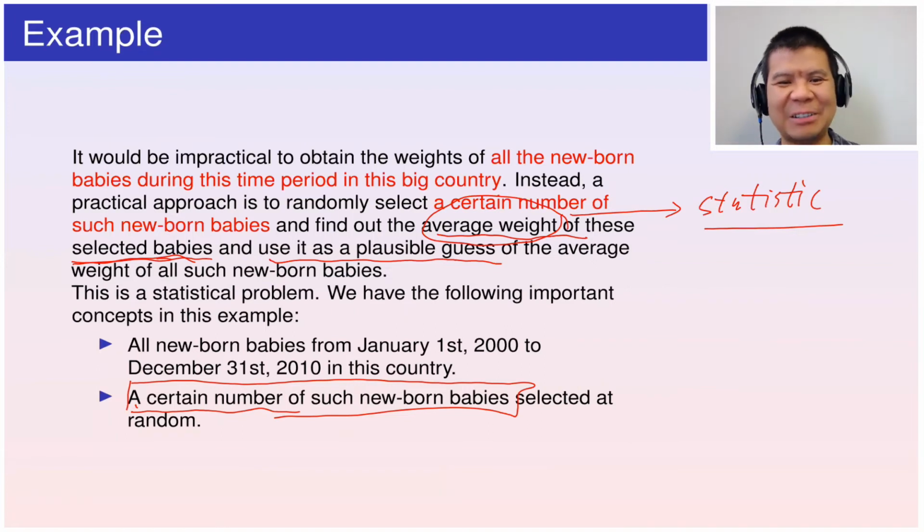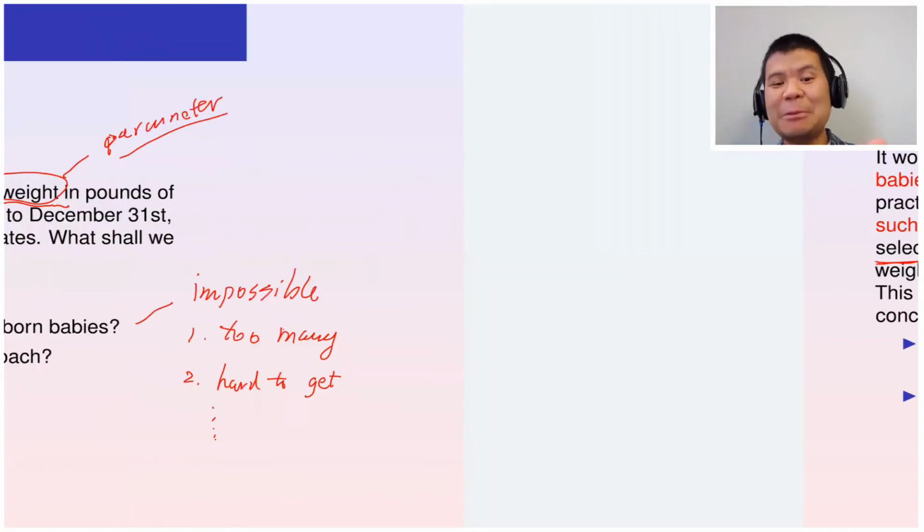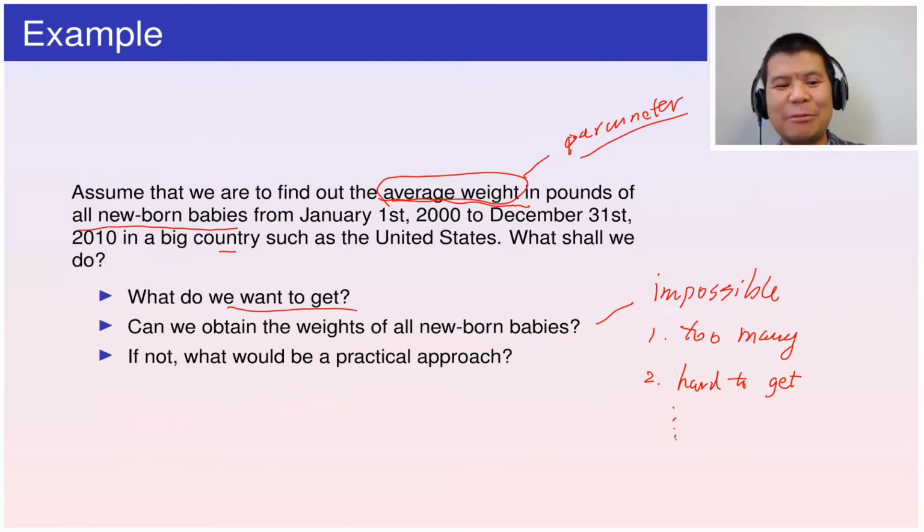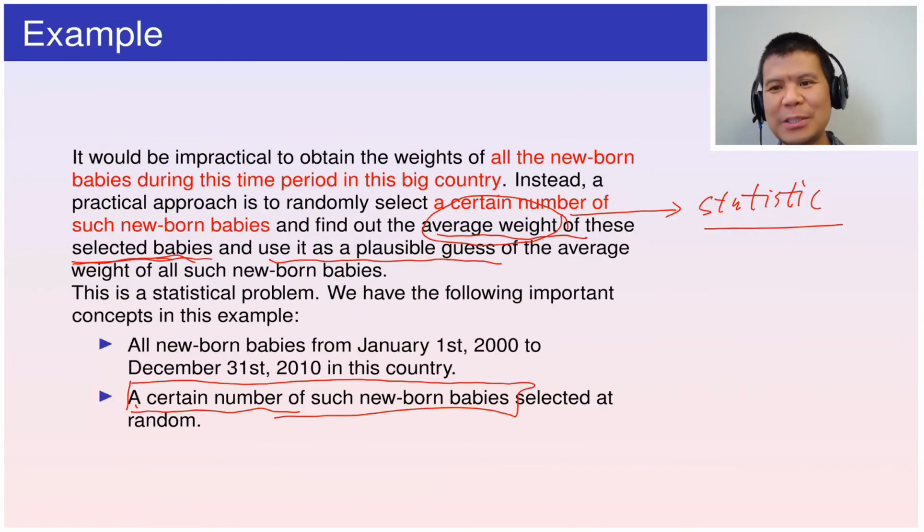For instance, we use the average weight of the selected babies, which is a statistic, to estimate the average weight of all newborn babies, which is a parameter. Of course, you have to choose a proper statistic.